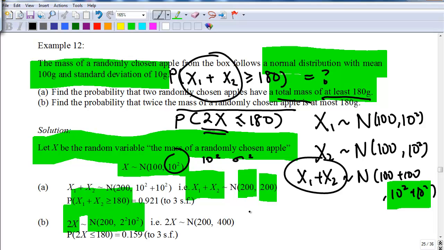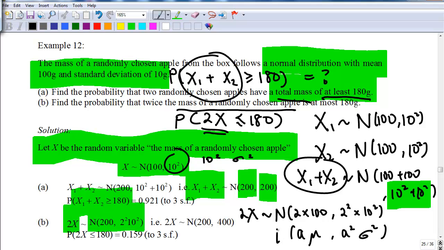In other words, you're interested in 2X, so according to our rule, you have to times 2 to 100, the mean, and then you have to times 2 squared to your variance, because we are following the formula a times mu, a squared times sigma squared. Remember this formula? So once you again get the distribution for 2X, then all you need to do is to press the GC to get the answer.